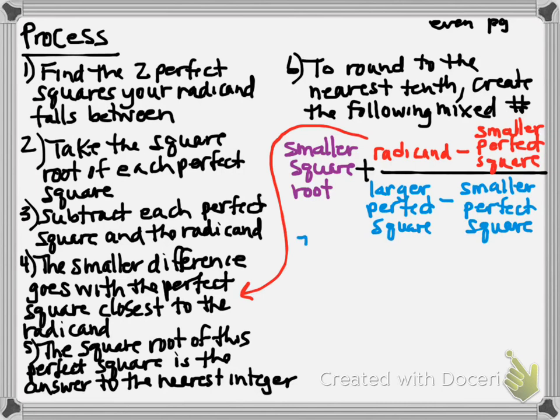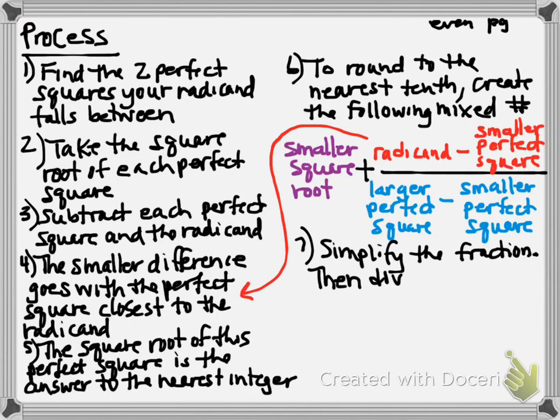All right, almost there. Oops, change back to black. Step 7 is we're going to simplify the fraction by doing the math. And then we want to create a decimal from the fraction, so then we're going to use division. So then divide the fraction to create a decimal.